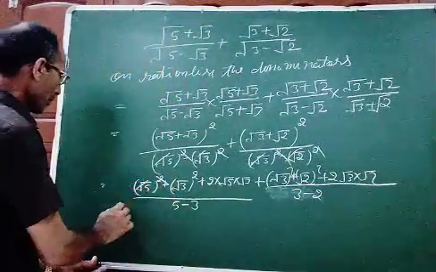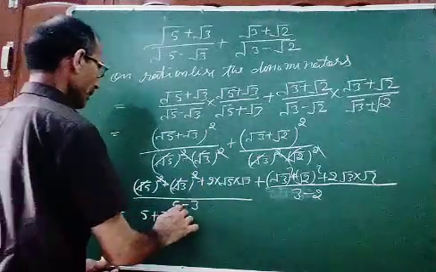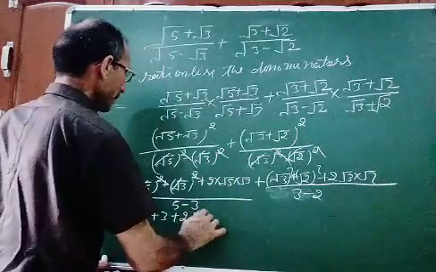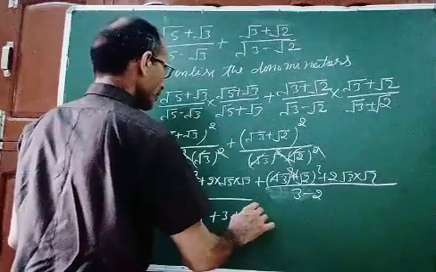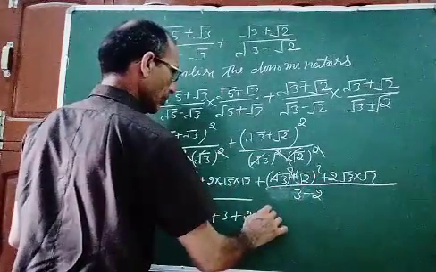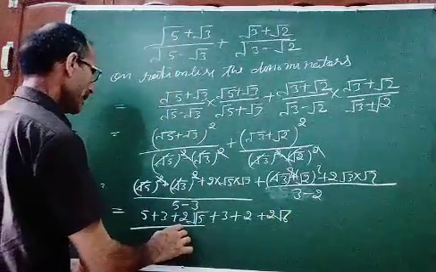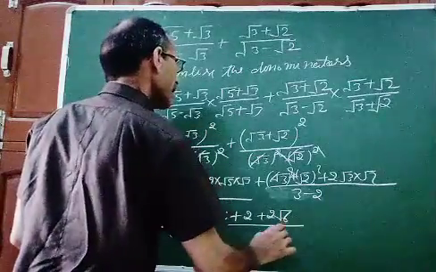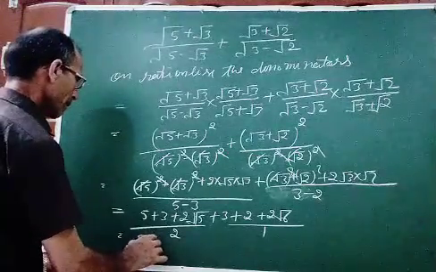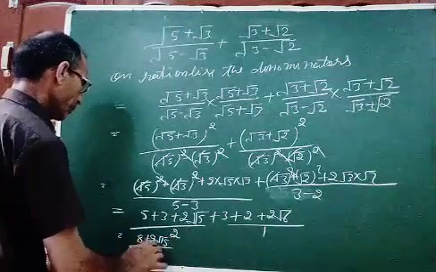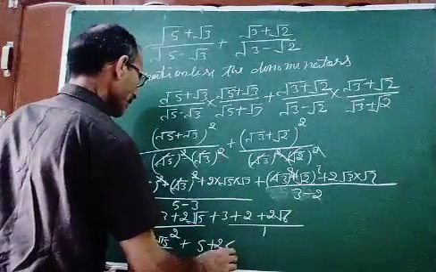Here 5 plus 3 plus 2 root 15, and 3 plus 2 plus 2 root 6. Here it will be 5 minus 3, 2. Here it will be 3 minus 2, 1. 5 and 3, 8. So 8 plus 2 root 15 by 2, and here 5 plus 2 root 6 by 1.